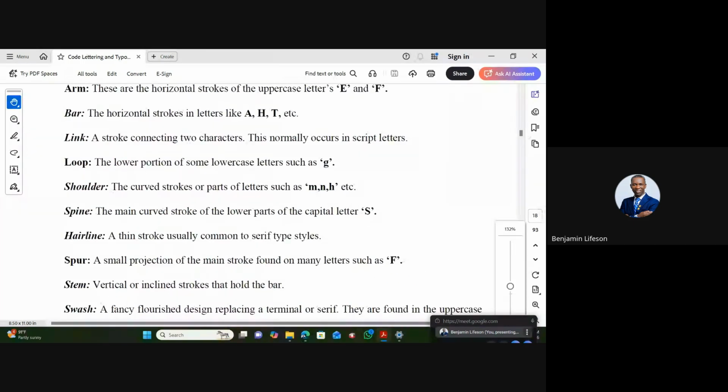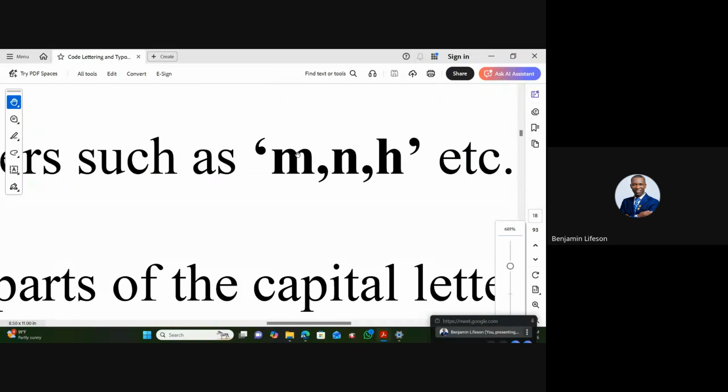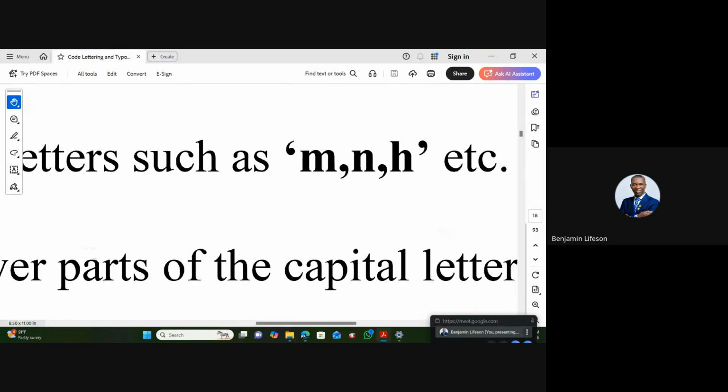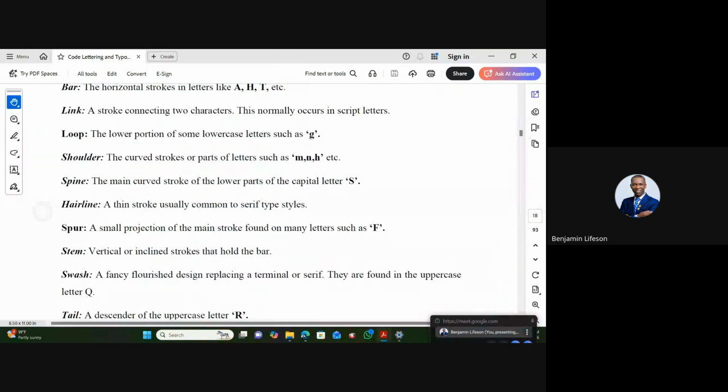Then we come to the shoulder. The shoulder is the curved stroke or part of letters such as M. Look at the shoulder, just like the human shoulder. You can see the shoulder, this part. That is the shoulder of a letter. We have the M, N, and H, and many more. Then we come to the spine.